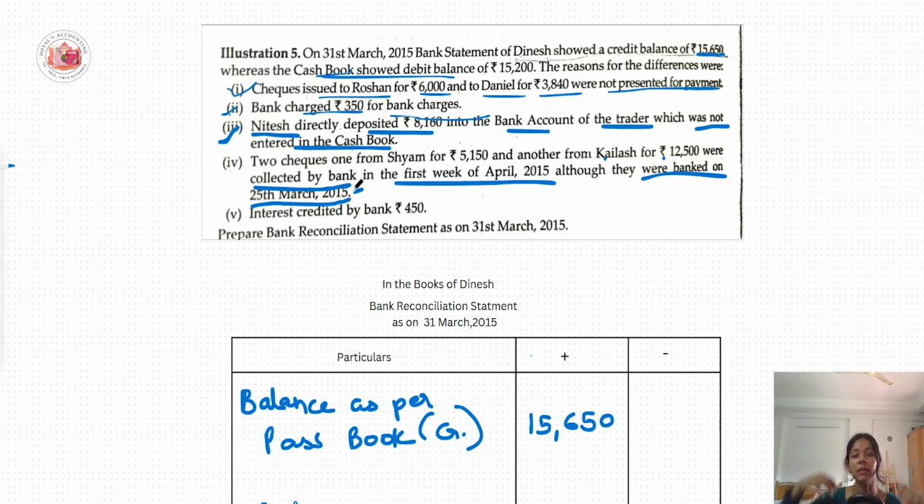In my passbook these figures reflected only in the month of April. So what does that mean? That means my passbook is lesser and my cash book is more. If I want to equalize it, I just have to add. Remember, whosoever point of view we are starting from, whether it is the cash book or the passbook, if we are starting with the cash book, all adjustments that we make in the reconciliation will be from the cash book's point of view.